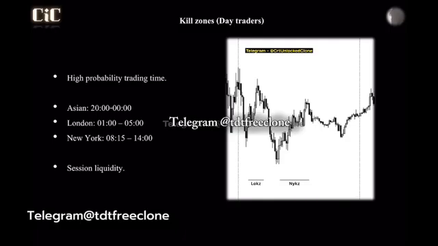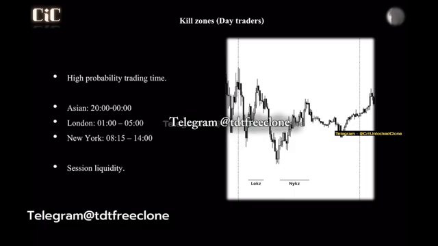Whenever I'm trying to tell you something on the chart, the time that unifies all of us is New York local time. That's the time which matters to the algorithm. So Asian, 8 p.m. to midnight. London, you have 1 a.m. to 5 a.m. New York, 8:15 to 2 o'clock.